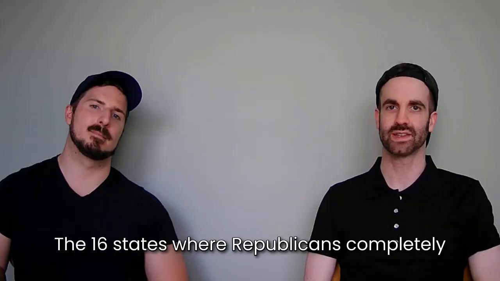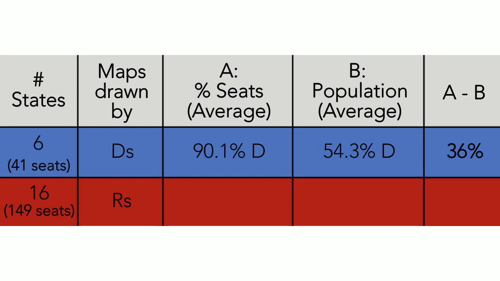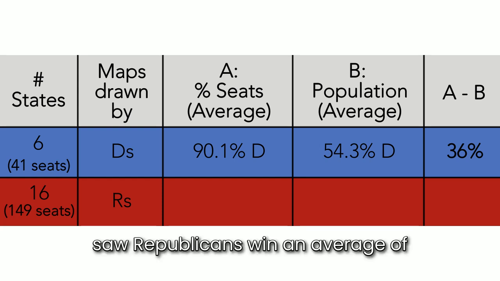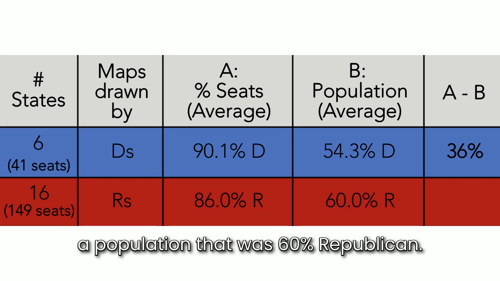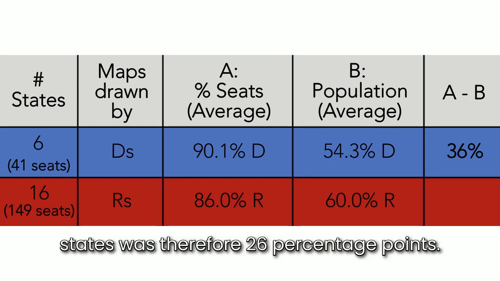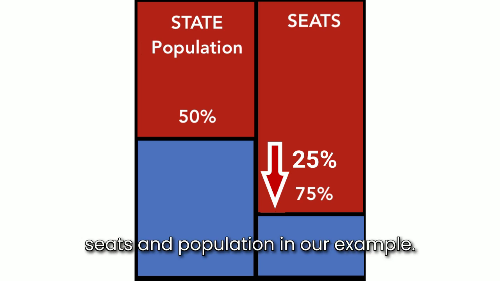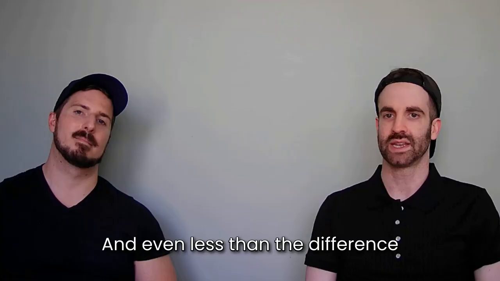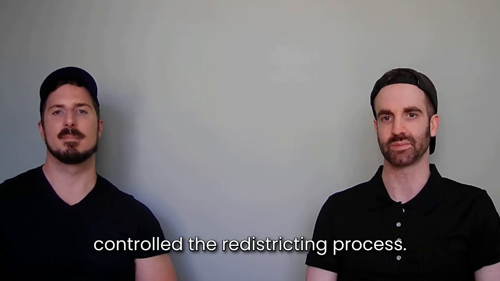The 16 states where Republicans completely controlled the redistricting process saw Republicans win an average of 86% of seats, despite having a population that was 60% Republican. The difference in seats and population in these states was therefore 26 percentage points, almost identical to the difference between seats and population in our example, and even less than the difference in the states where Democrats completely controlled the redistricting process.